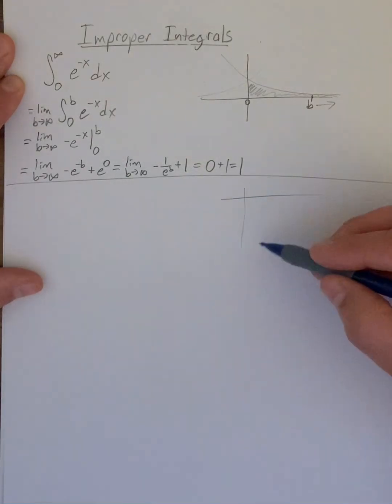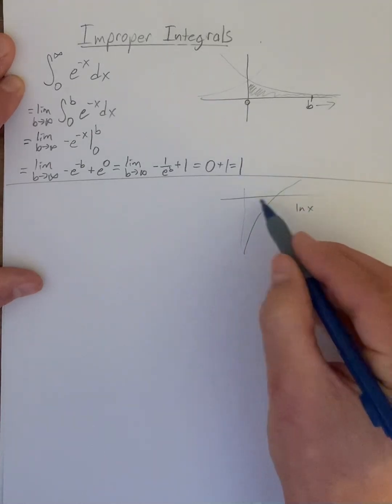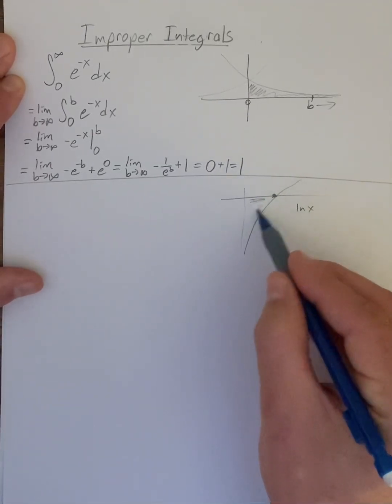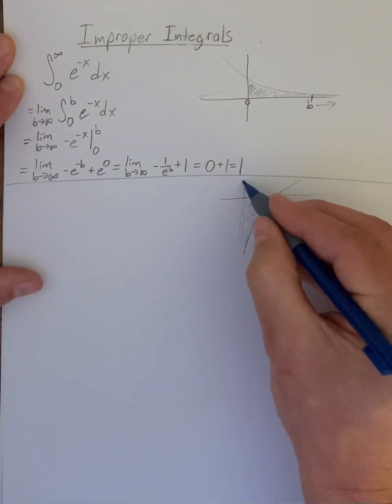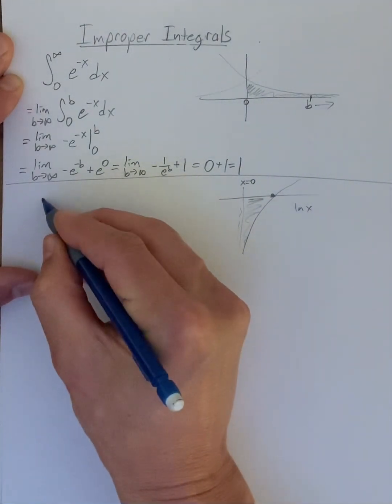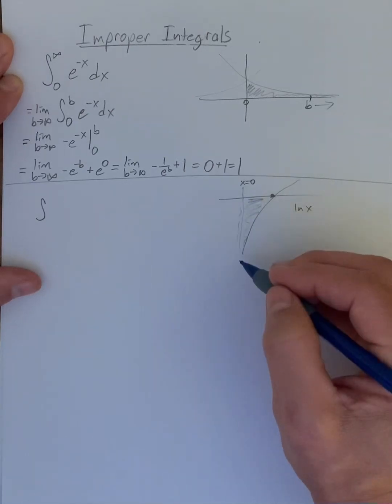Let's think about this one. You remember the graph of natural log of x looks like that. At 1, it's 0, right? Natural log of 1 is 0, but it has a vertical asymptote at x equals 0, and of course it's not defined to the left of that. So here's an area that's improper. It's not even defined at that point.